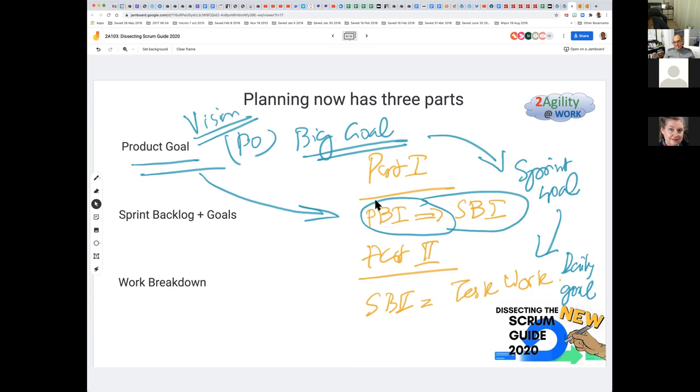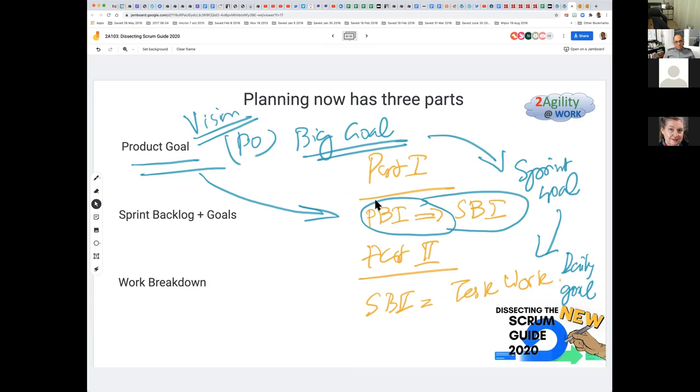But Scrum is just formalizing that in terms of a product goal conversation, to bring transparency around the fact that it is important to do the work that aligns to the product goal. So that's something that has been added in the Scrum Guide as well.